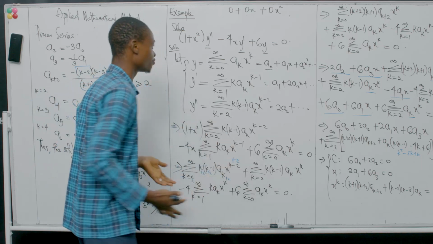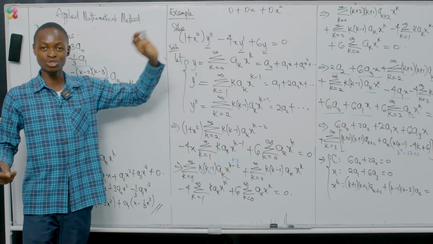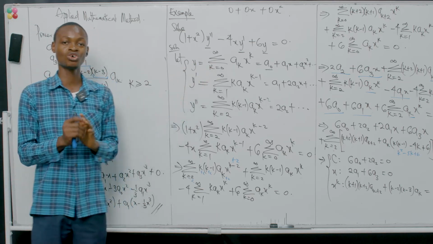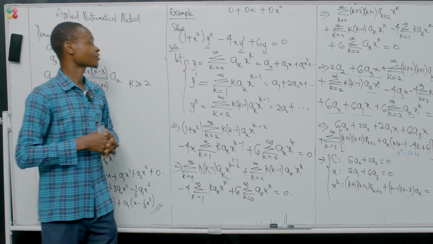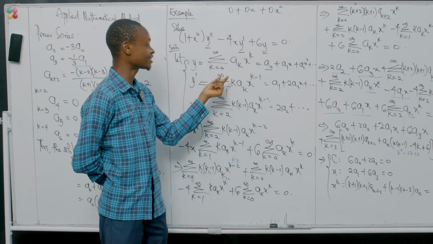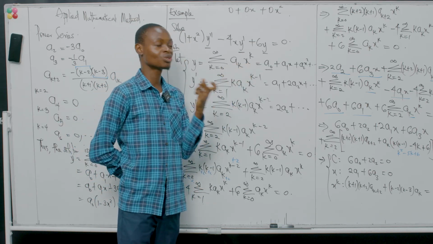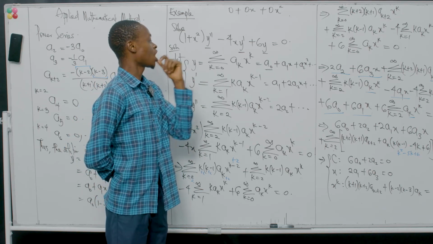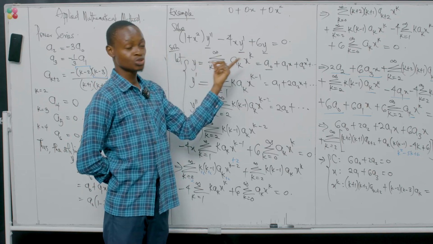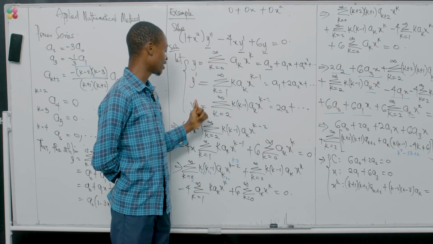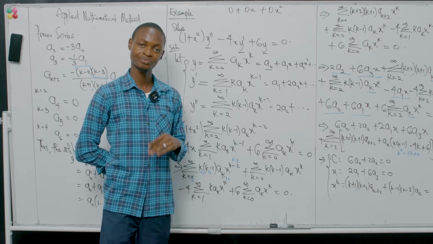So what exactly have we done? We started with the differential equation. We generated the power series solution for this differential equation. We talked about the fact that this power series solution we generated is in fact the power series solution at origin or at x equal to 0. Then we use this power series solution to generate the differential of y and the second differential of y.